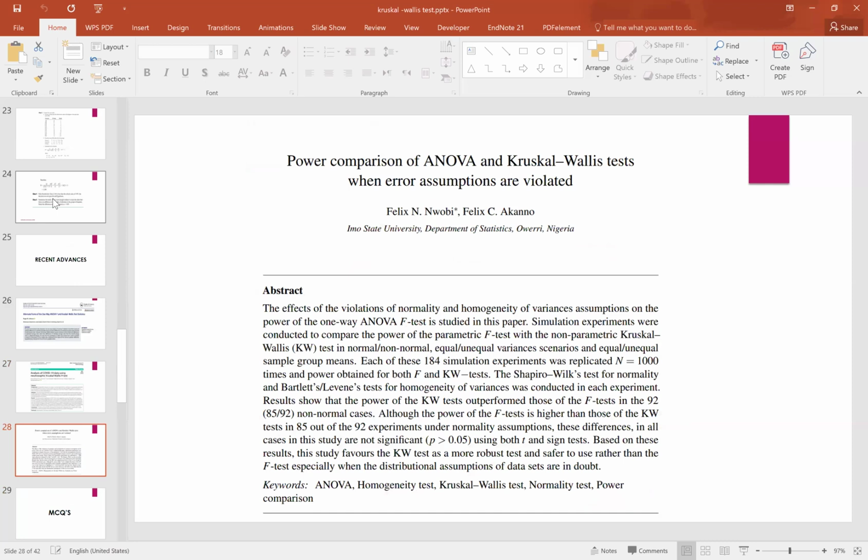Another article: power comparison of ANOVA and Kruskal-Wallis test when error assumptions are violated. The effect of the violation of normality and homogeneity of variance assumptions on the power of the one-way ANOVA F test is investigated in this paper.